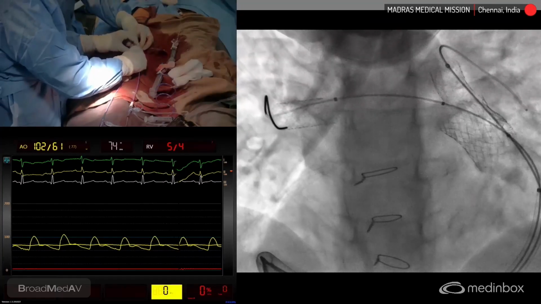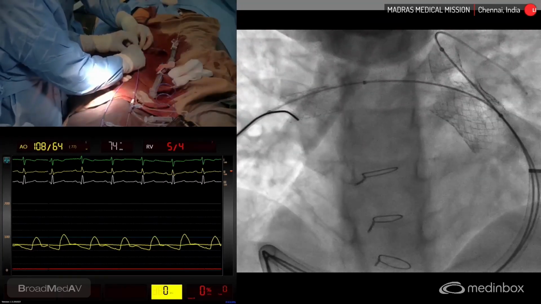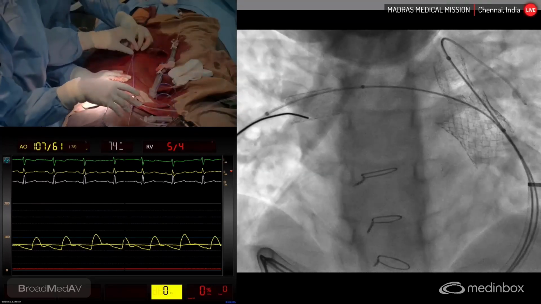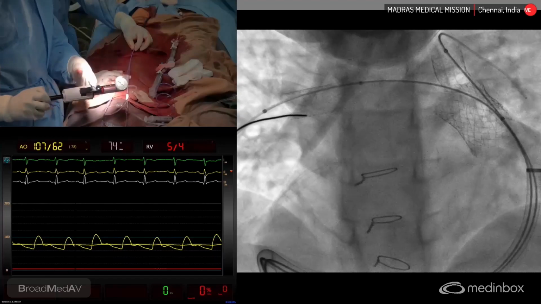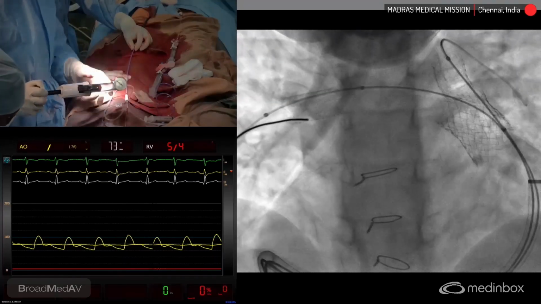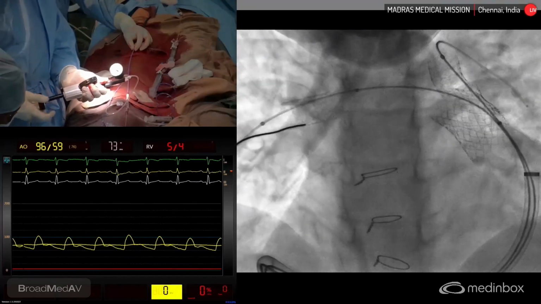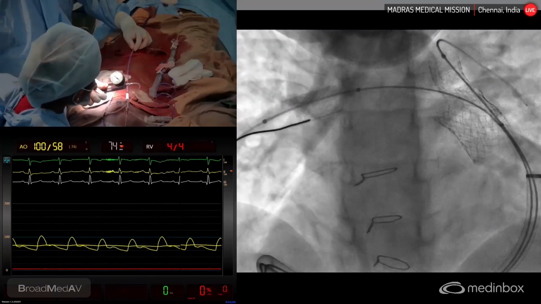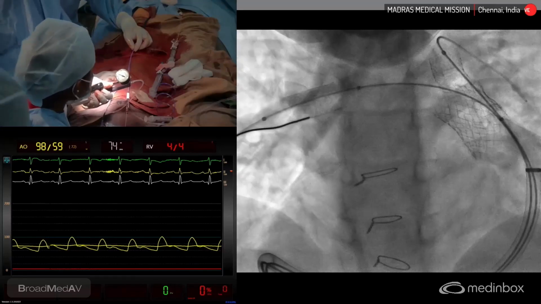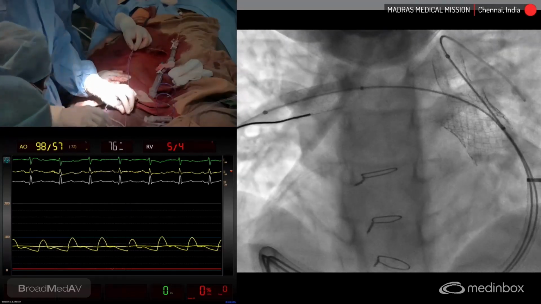I will go distal to the balloon. Slightly grasp it. Slightly grasp it. I have grasped it.